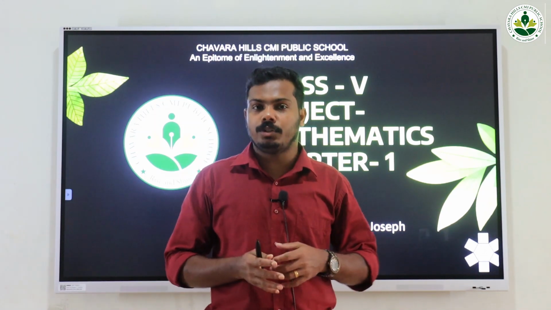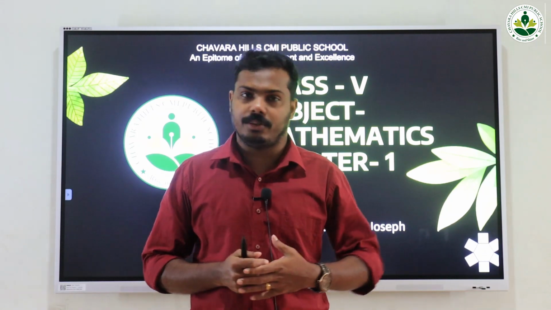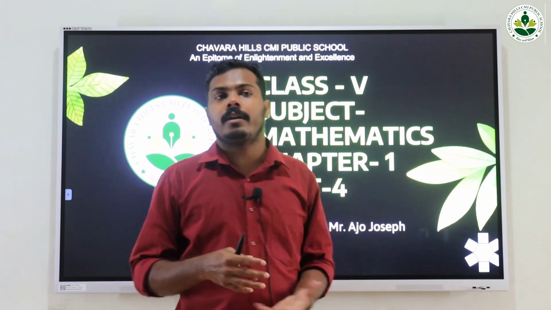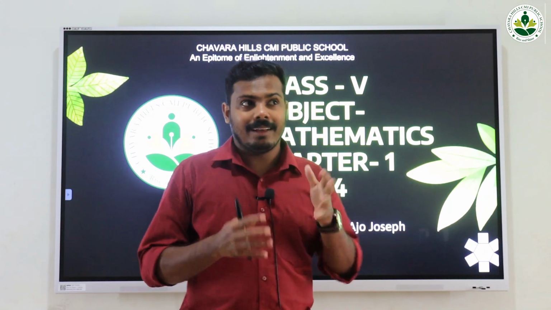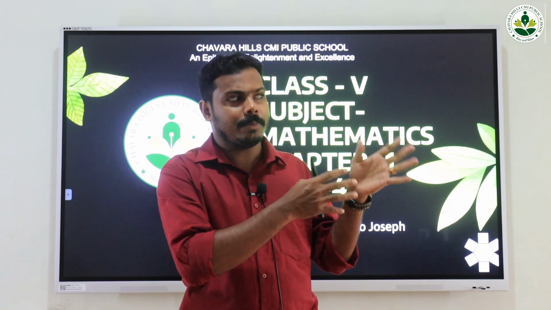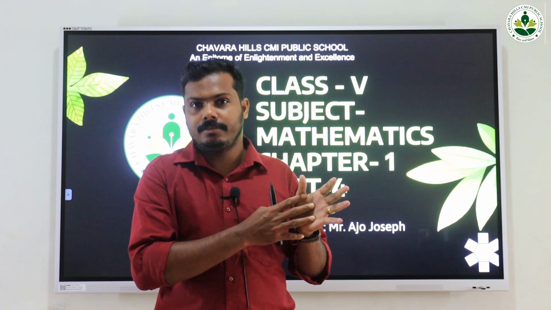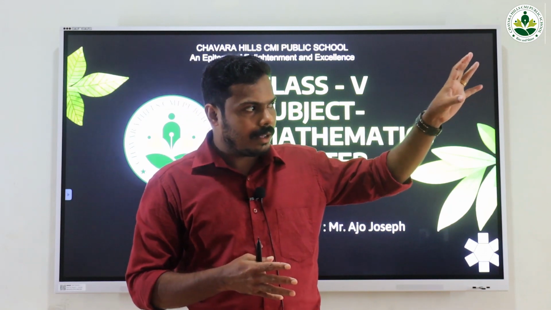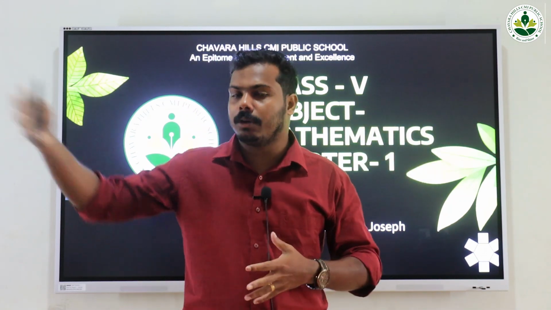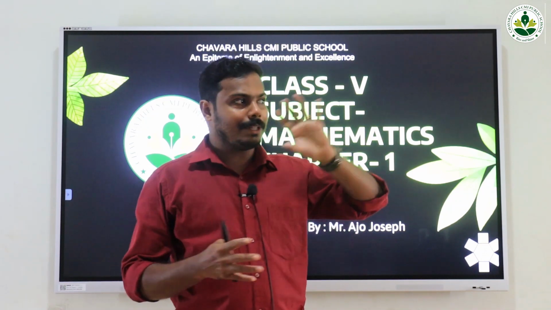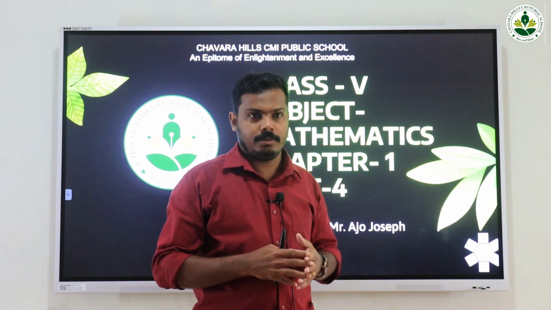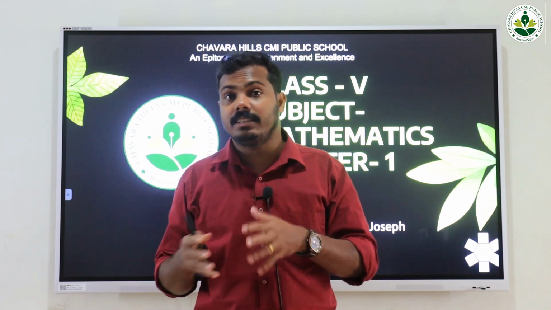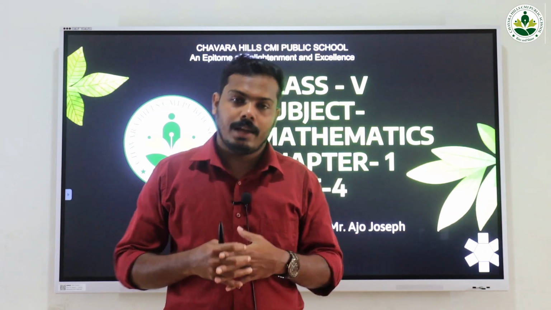So today we are going to discuss rounding of numbers to the nearest 10, 100 or 1000. For example, there are thousands of people in that colony. There are around 1000 people or around 1000 houses. We don't know the accurate number. In these cases we use rounding of numbers.